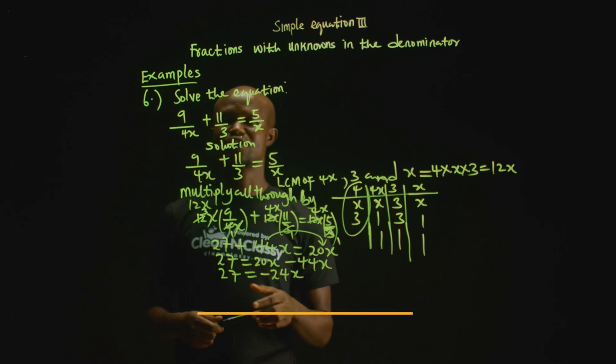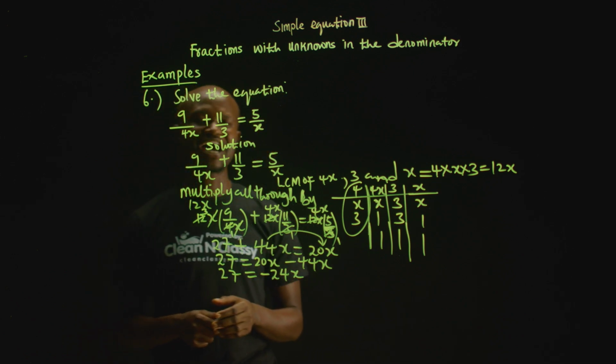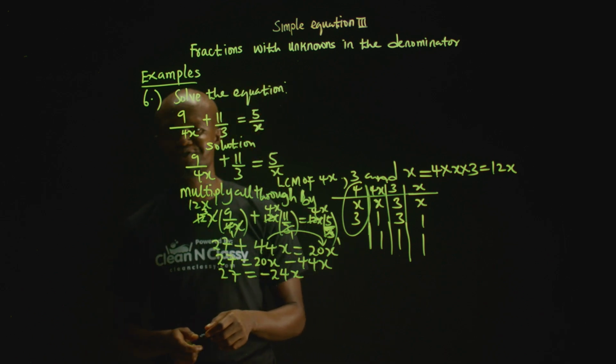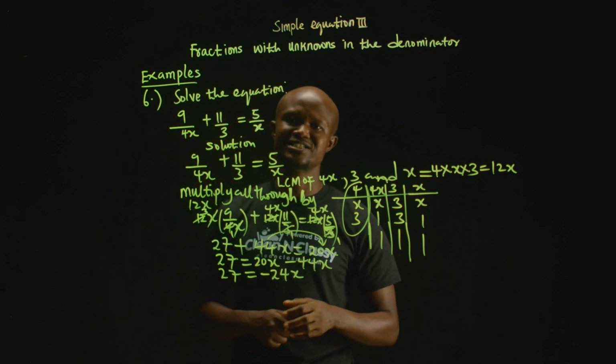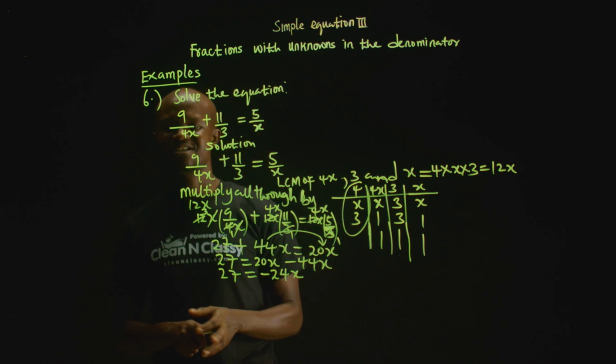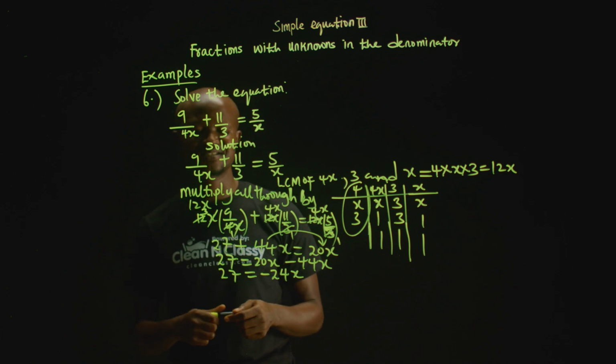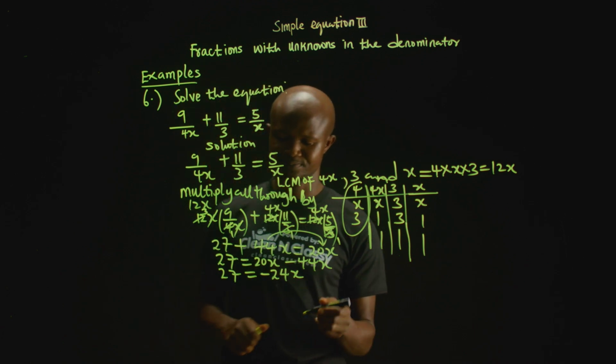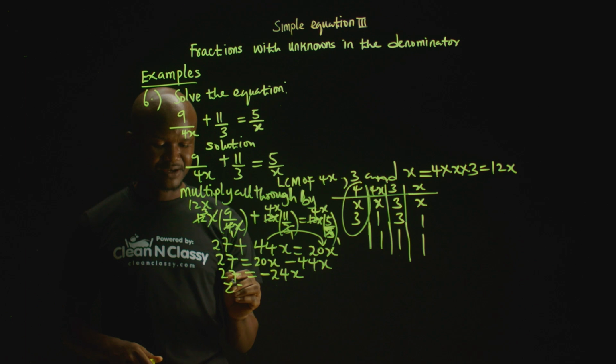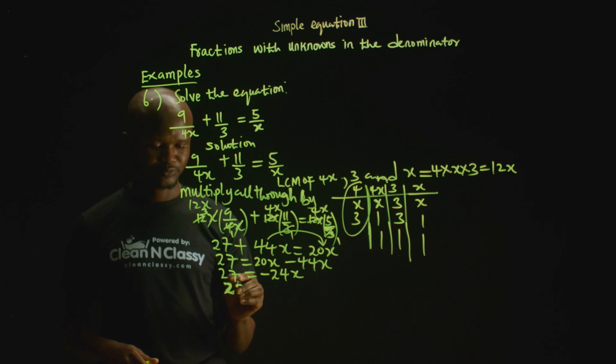Now, the next thing for us to do is to divide both sides by the coefficient of x. What is the coefficient of x? The coefficient of x here is the number in front of x, and that is minus 24. So we divide both sides by minus 24.